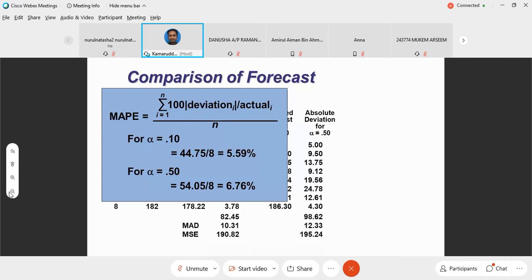So we decide to choose the exponential smoothing with the alpha value of 0.1 to be the best forecasting technique, or the more reliable forecasting technique compared to the exponential smoothing with the alpha value of 0.5.